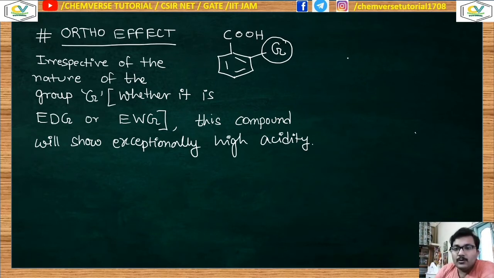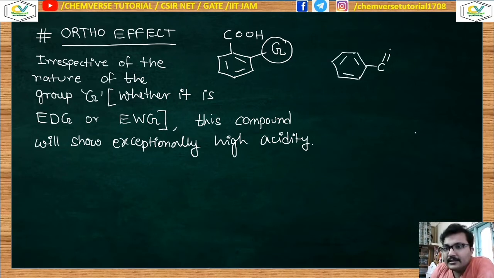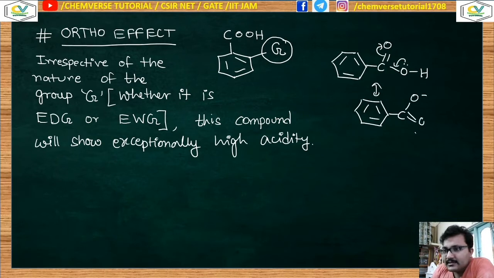Whenever this kind of situation is arising, where this oxygen lone pair is present in the resonance and something like this is produced, here the H plus donation is favorable.